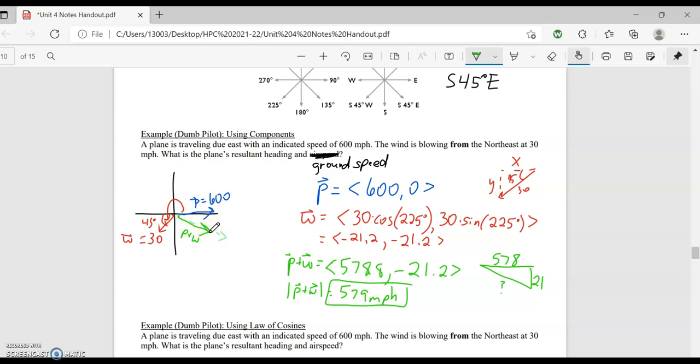Now, what direction is that? Well, again, I say we use this triangle. We find the angle here. So tangent, right? So we use tangent alpha. What that gets us is an angle of 2.1 degrees.